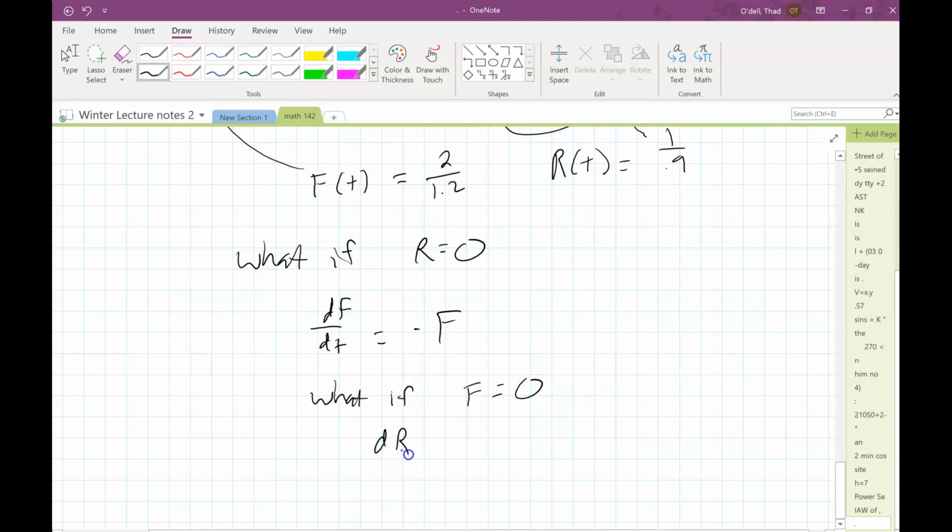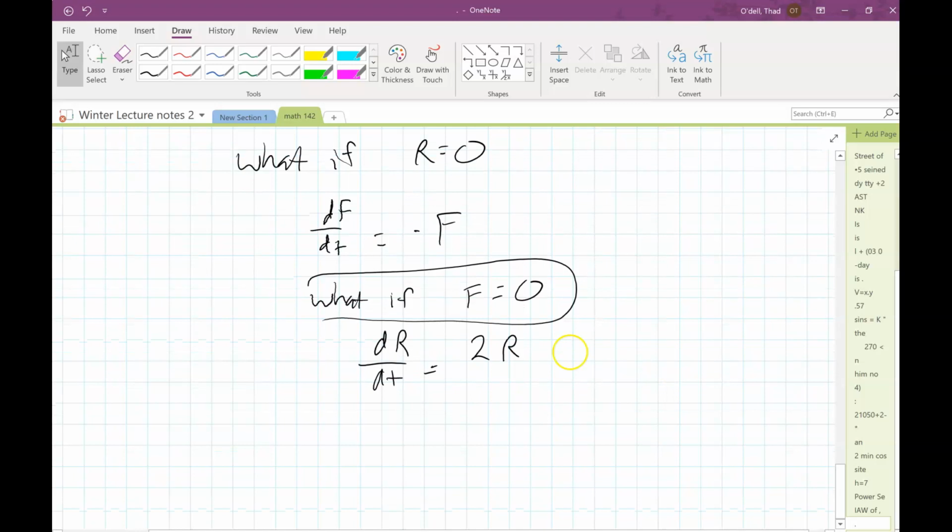Then dr/dt would be equal to 2r. So if the fox population turns to 0 somehow, maybe they got shot or hunted or trapped, then the rabbit population would go back to growing uninhibited, because there weren't the fox there to keep them in check. But then, of course, they would run into a possible carrying capacity. So we'd have to go back to that second model.